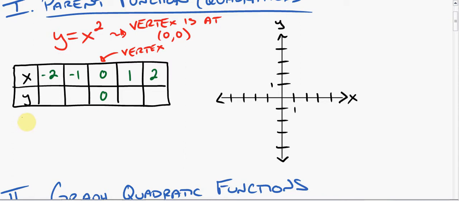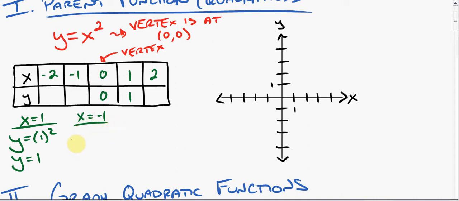So if we have x equals 1, we can plug 1 into this equation where we see y equals 1 squared. 1 squared is still 1, so y will equal 1. So when the value of x is 1, we know y is 1. What about x equals negative 1, going in the opposite direction?